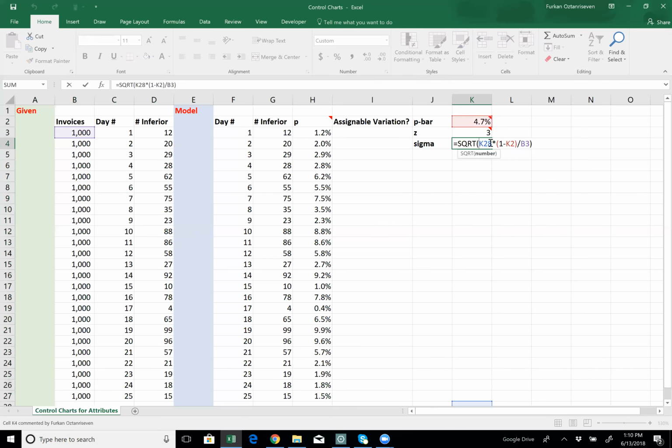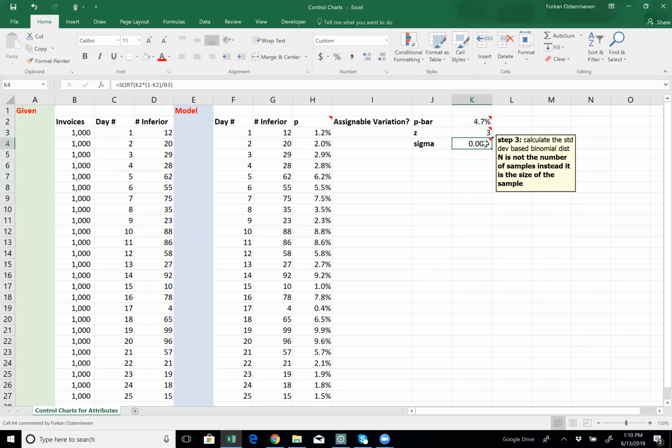Oh, where does the K28 come from? Sorry. The probability of failure is K2 times 1 minus K2, divided by sample size. Again, probability of failure, K2 times 1 minus K2, which is probability of success, divided by sample size. All right, so this is my sigma right here. So percentage-wise, it is around 0.7%.